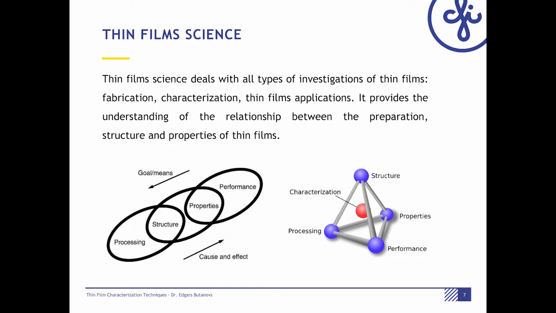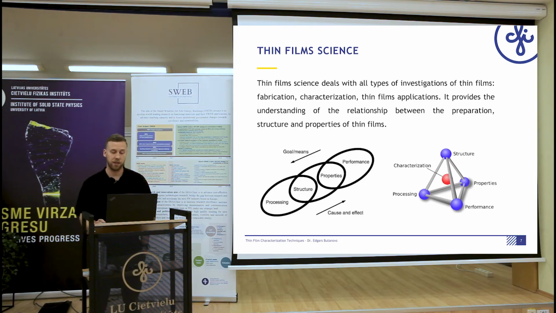Depending on your target application, you will need to select the optimal processing method, and it will be interlinked together with the structure and properties. So in the end, characterization is in the middle of all of this, between your application properties, device performance, and its structure.